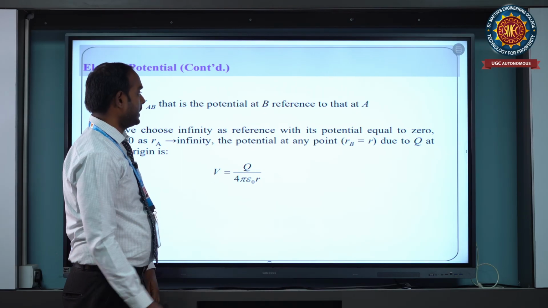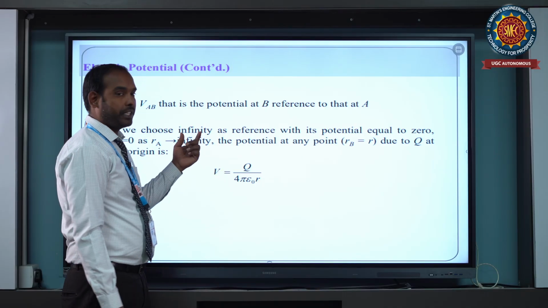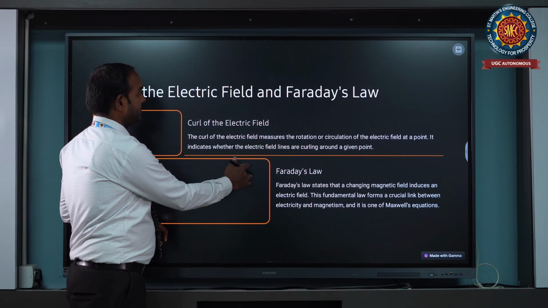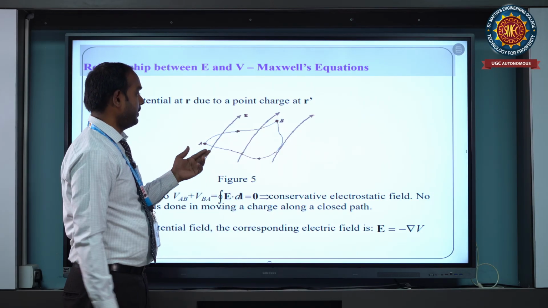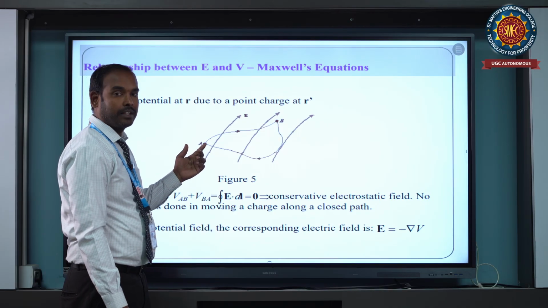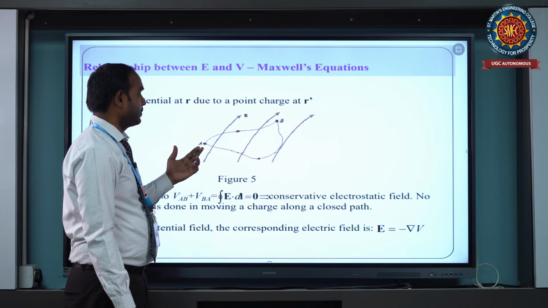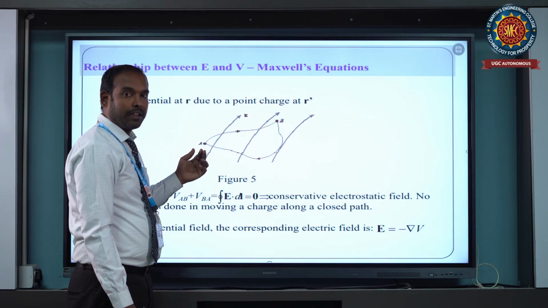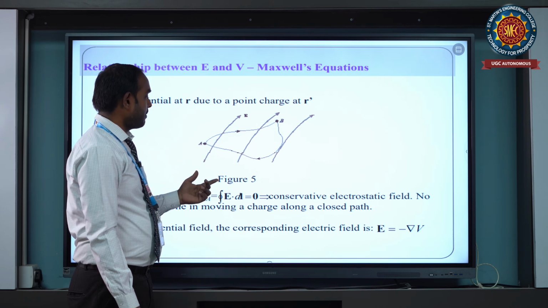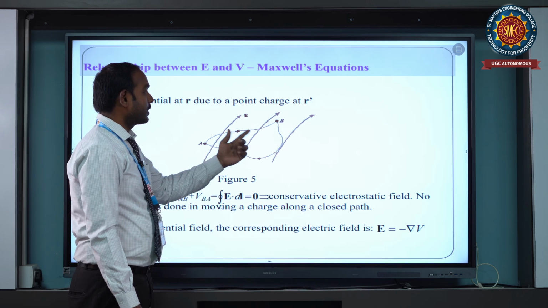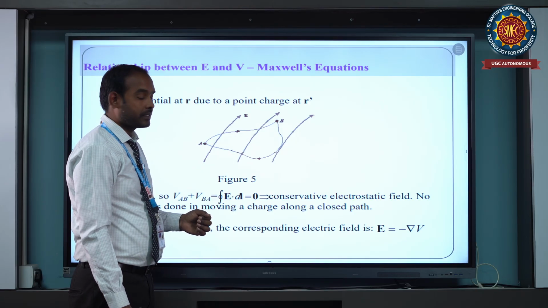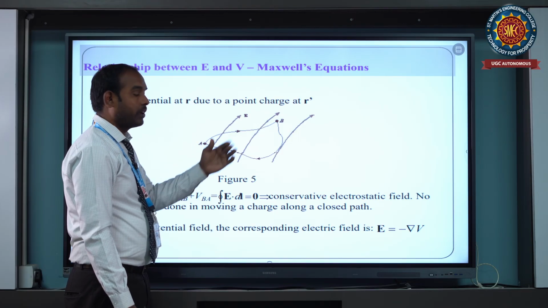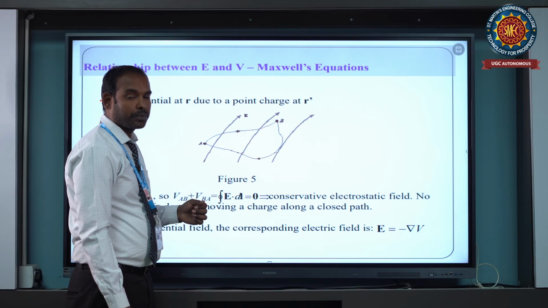So how is potential independent of path taken? When we consider a path, let us say a point charge is moved from A to B and B to A, evaluating the integral of E bar dot dl over a closed path, the result is 0, meaning total work done by the field in moving a charge along a closed path is 0.